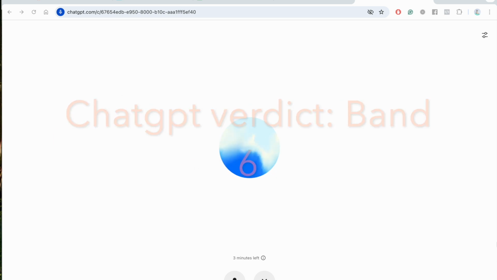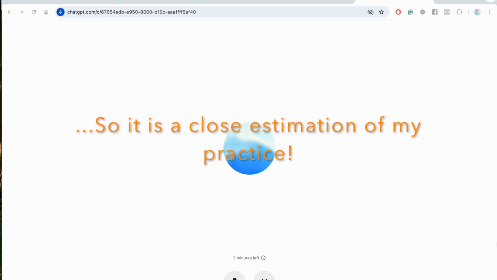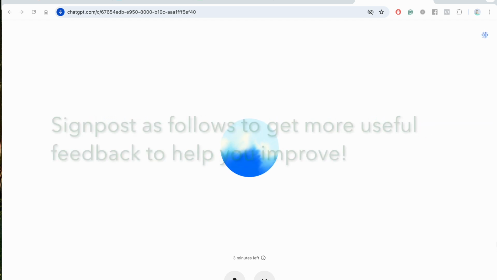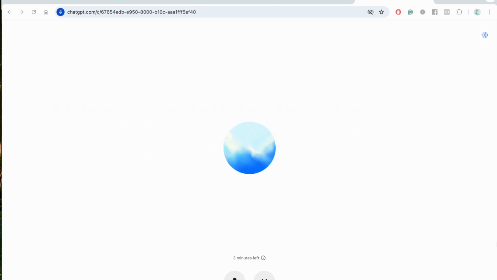I'd estimate you're around a band 6. Keep practicing to improve fluency and vocabulary. You're on the right track. And why do you think I am band 6? You have a good foundation and can express yourself well. To reach a higher band, focus on refining your grammar.